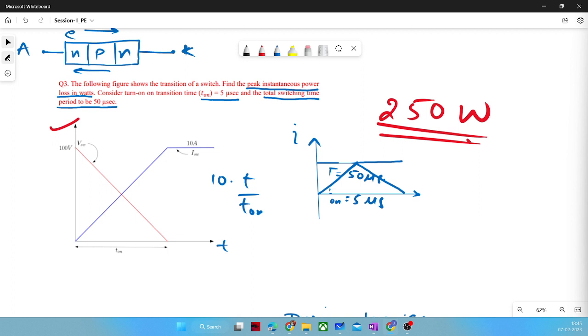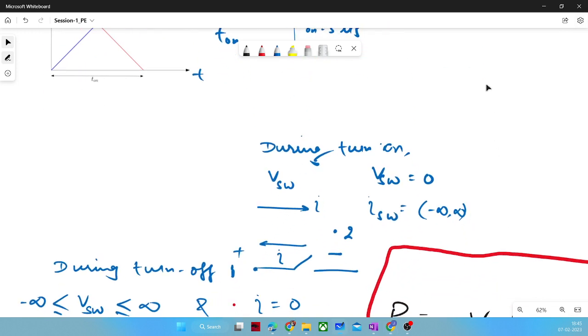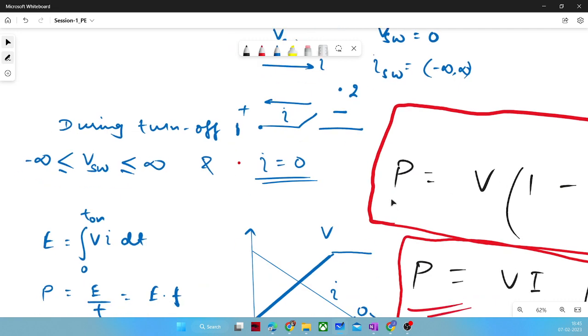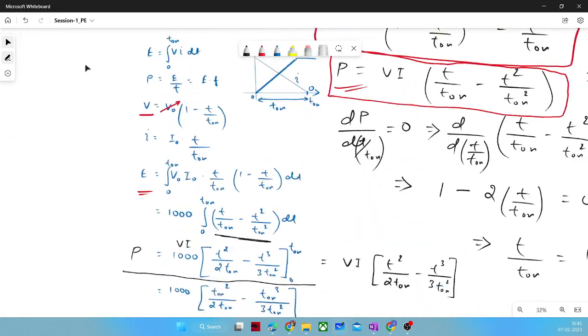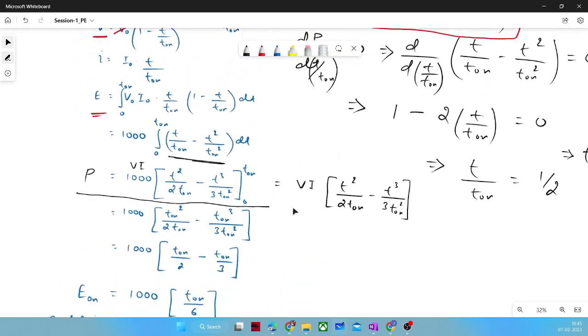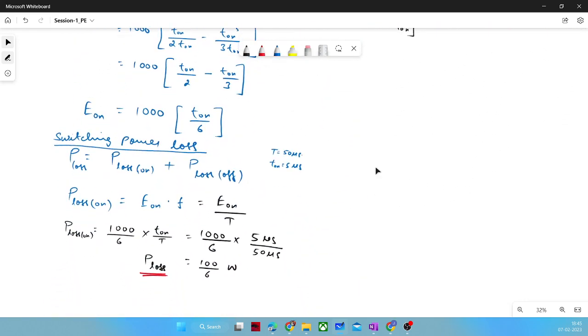Yes. We got basically clarity up to 100 by 6 wattage. Then the next step to achieve 250. Okay. See, 100 by 6, what was total power loss during on period? Perfect. But its peak instantaneous power will be something else that will obviously be larger than this value, right? Did you get that point? Why peak instantaneous? Yes, yes.